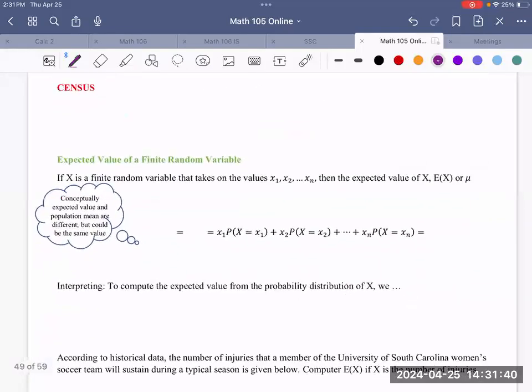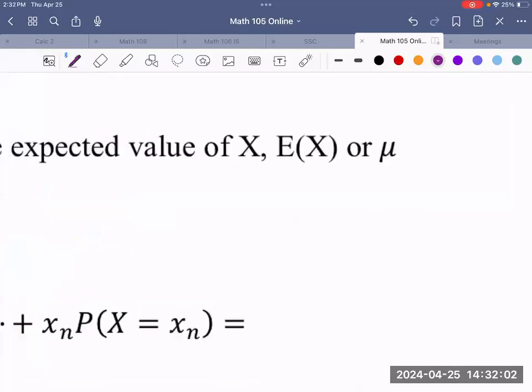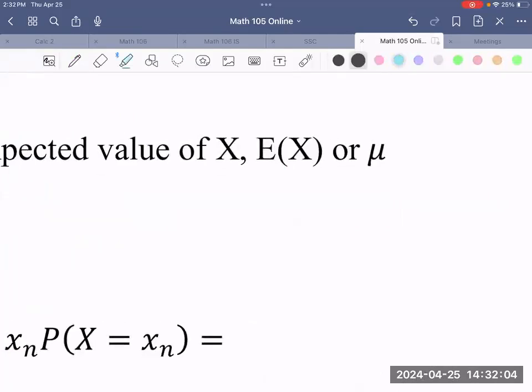So what is this expected value? How do we even work with it, right? Well, it says if X is a finite random variable, again, think about what it means to be a finite random variable. It's a set determined amount. It should end at some period, right? Over these X values, then the expected X value is going to be your mean. So E of X is another way to say your expected value, and what we're going to do is just call it your mean.